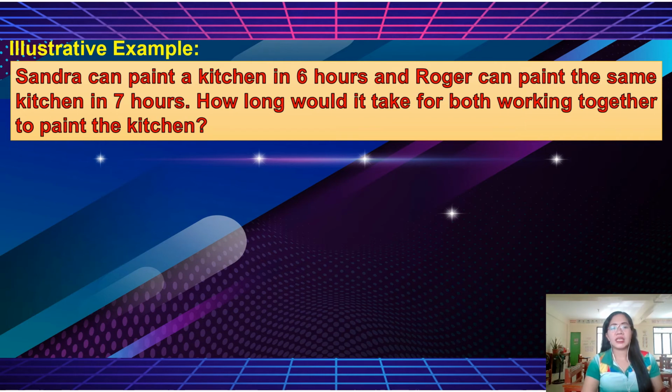Sandra can paint a kitchen in 6 hours, and Roger can paint the same kitchen in 7 hours.